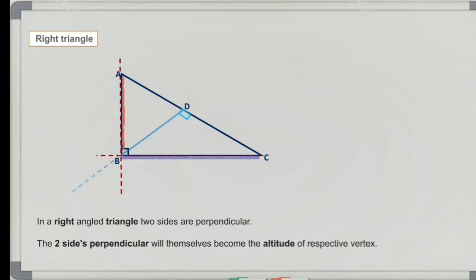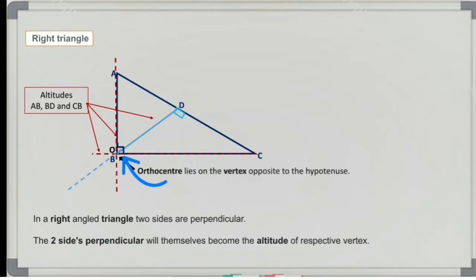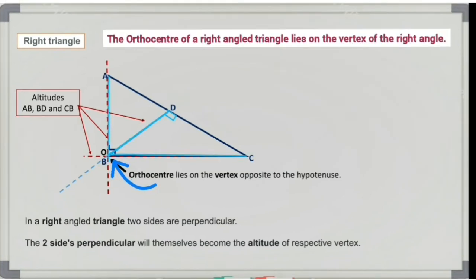So, observe here, segment AB and segment BC are the altitudes of vertex A and C. All three altitudes meet at a single point, which is the vertex opposite to the hypotenuse. Here we have understood the orthocenter of a right angle triangle lies on the vertex opposite to the hypotenuse.